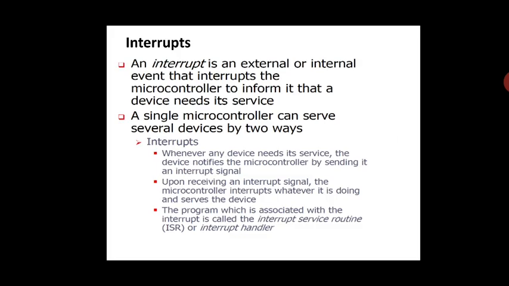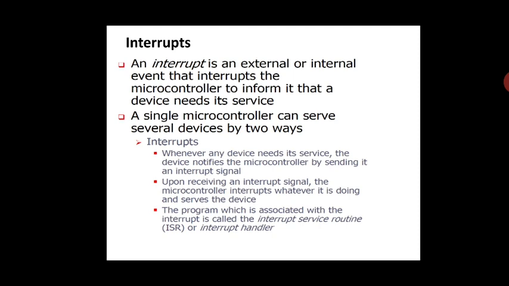Now the first part begins with interrupts, in which we will define what we mean by an interrupt. It is an external signal sent to the 8051 which requires attention from the 8051 and needs to be served by it.